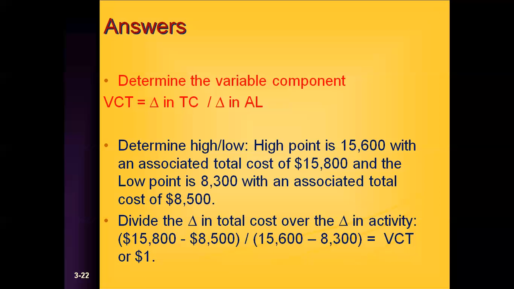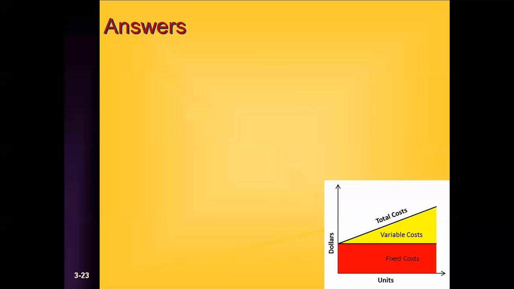So we basically do the math, divide the change in total cost over the change in activity, and you can see the math down there at the bottom of this slide. And so the variable component, or slope, equals $1. Pretty straightforward.